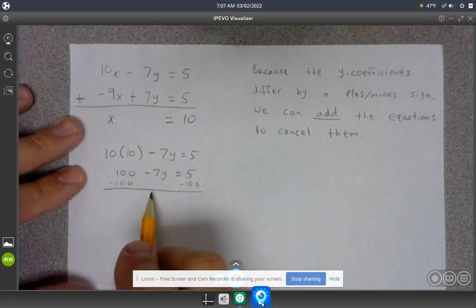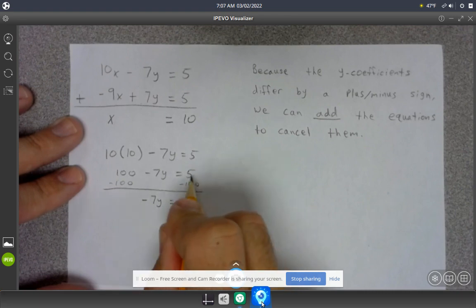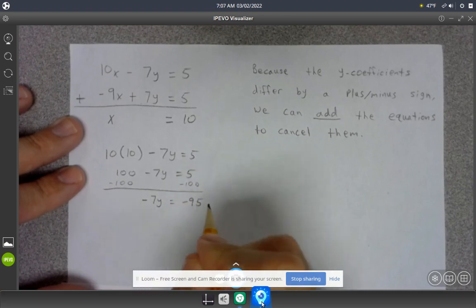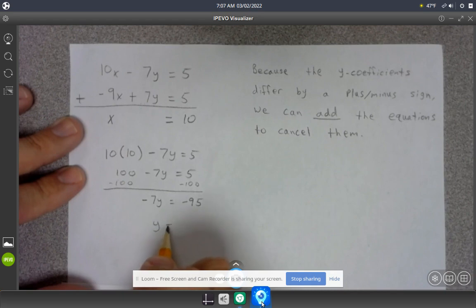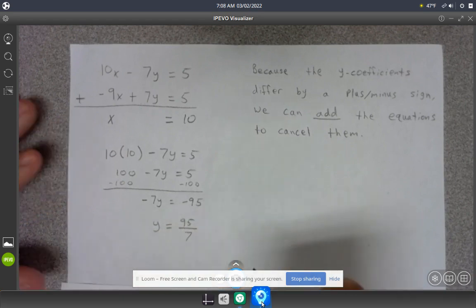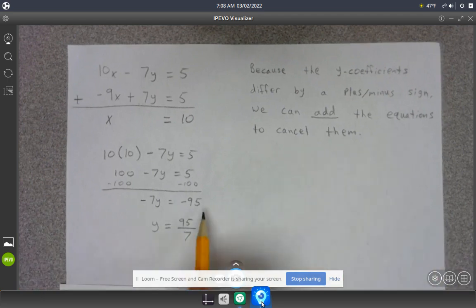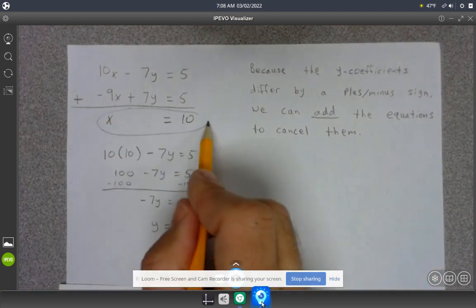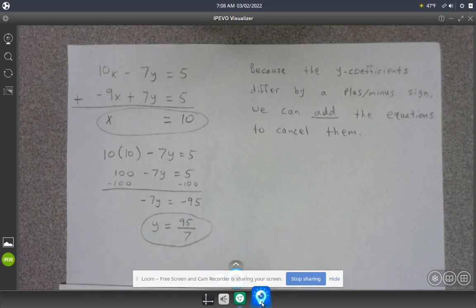So this is going to give us negative 7y, and 5 minus 100 is negative 95. So y will equal 95 over 7, which doesn't divide evenly, right? So whatever that comes out to as a decimal, that would be our answer.